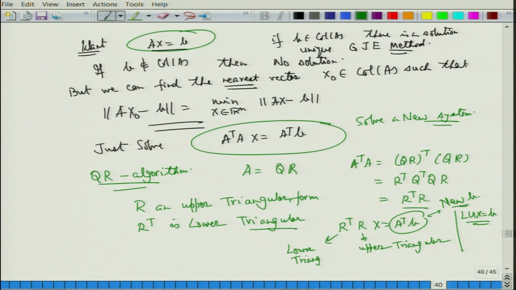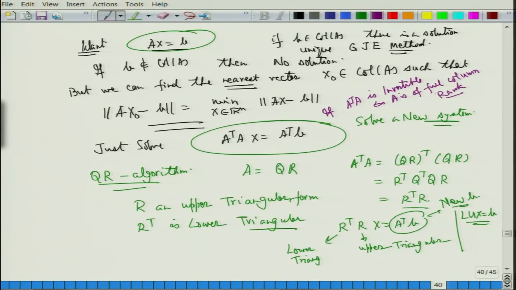If A is full rank, if A transpose A is invertible, which is the same thing as saying that A is of full column rank, then I can compute the A transpose A inverse, because in that case Q transpose Q is invertible, everything is nice.